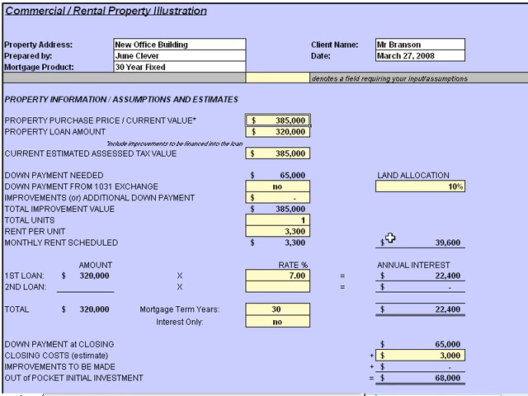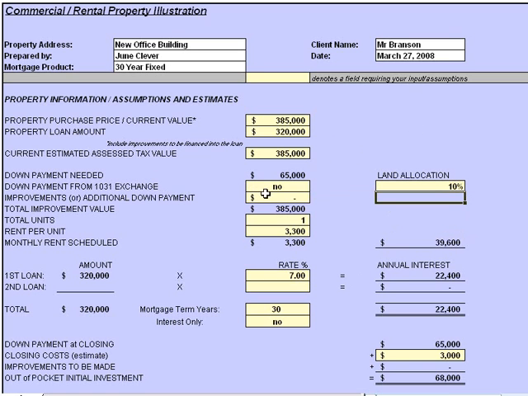Usually the appraisal will have on it the portion of the value that's attributed to land and the portion that's attributed to the building. So you can change this number later if you find out that in actuality it's 12%. Again, you can do your initial analysis and then come back and change that to 12% later. I'll leave it at 10% for now.